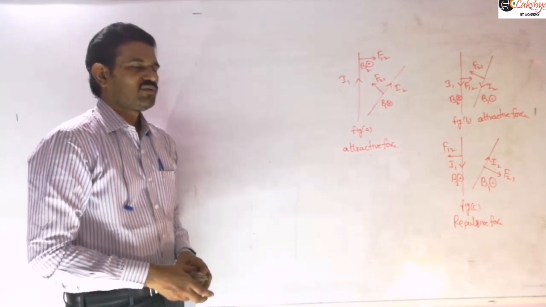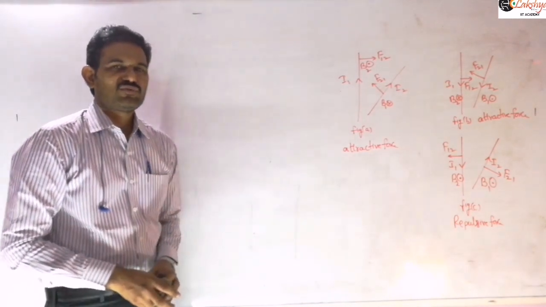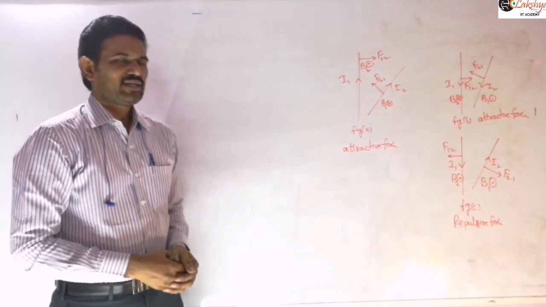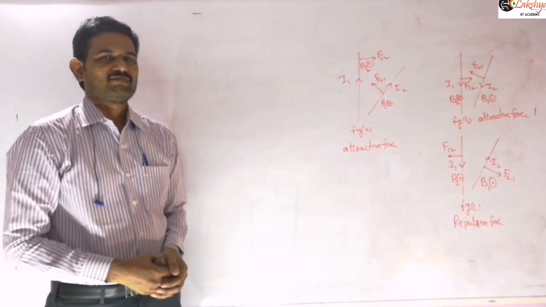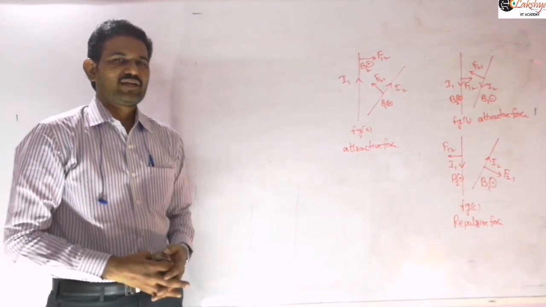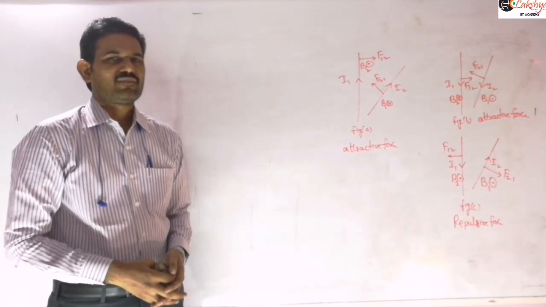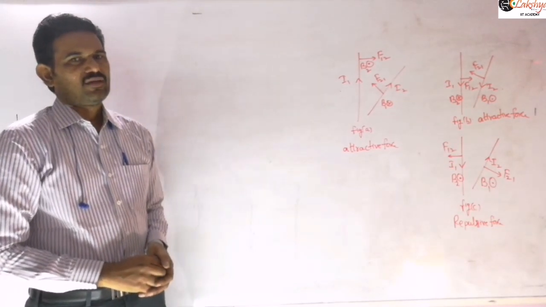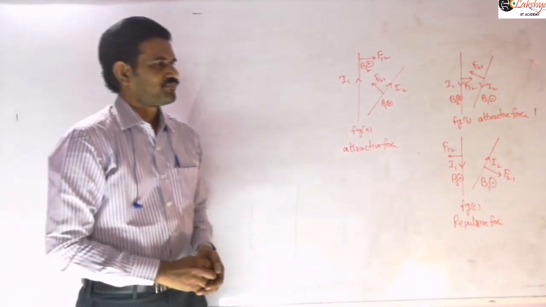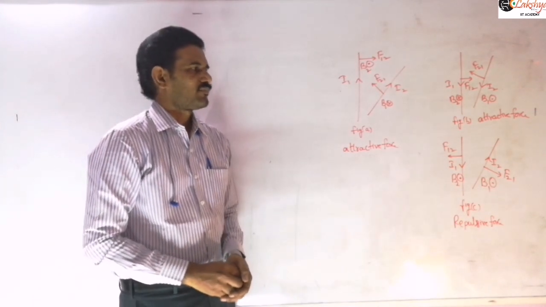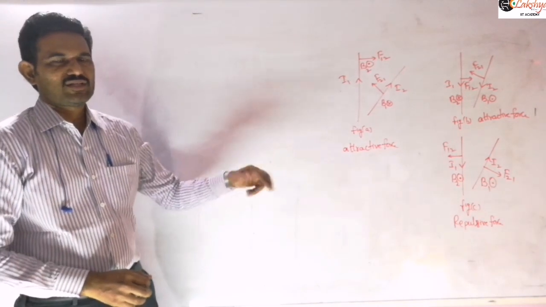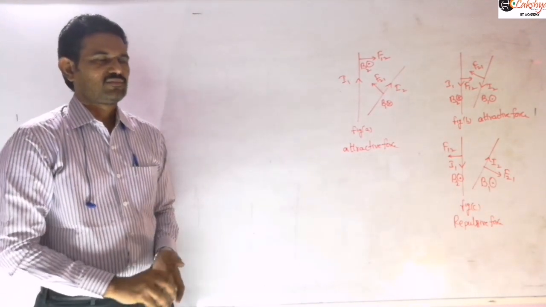And this force will be repulsive if current in one conductor is converging and the other is diverging. That means one is converging and the other is diverging.